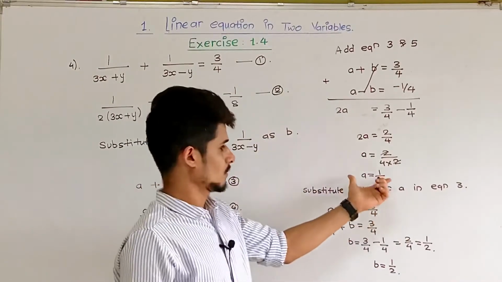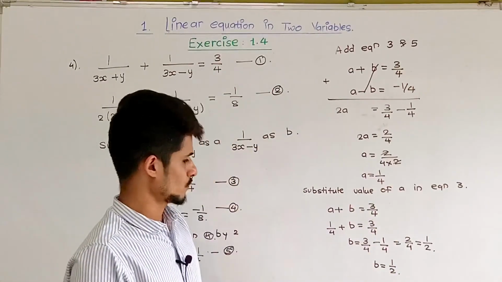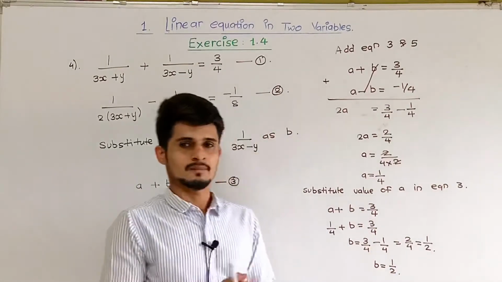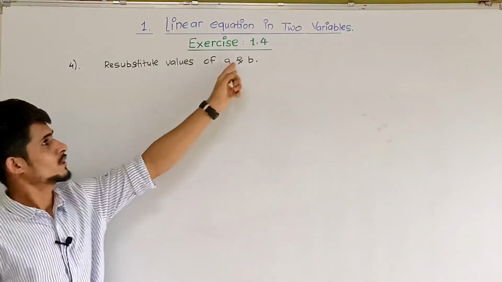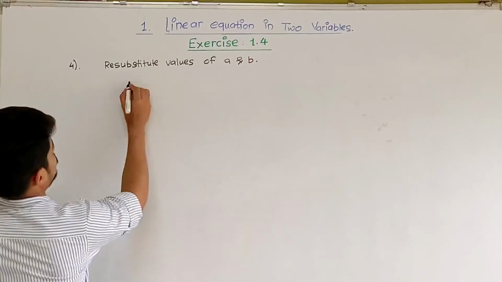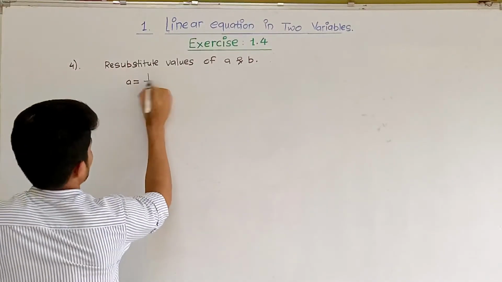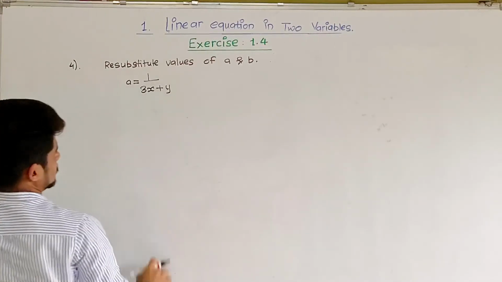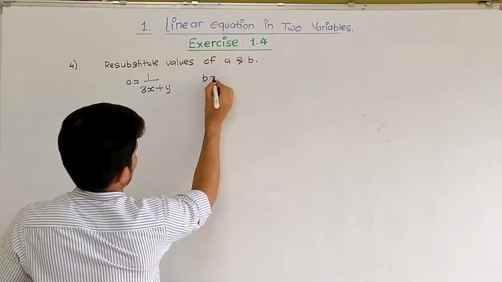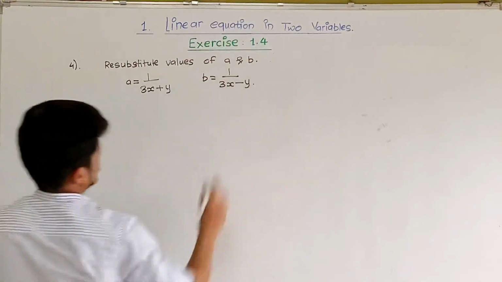We have the value of a as 1 by 4 and value of b as 1 by 2. So now we'll resubstitute the values of a and b. We have taken a as 1 upon 3x plus y, similarly b is 1 upon 3x minus y.